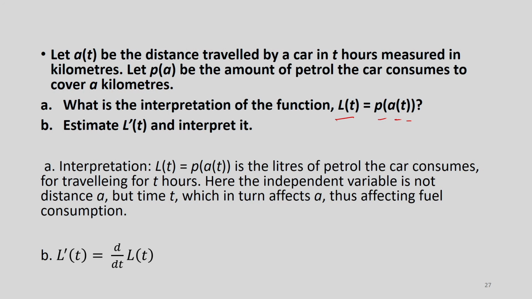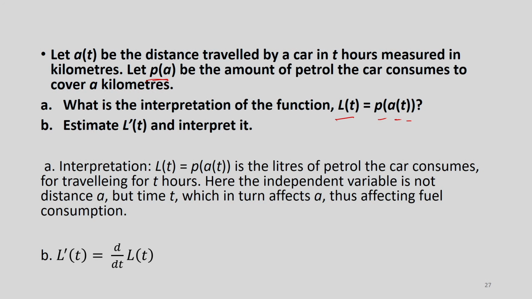The interpretation is the following: L of t, equal to P of A of t, is the liters of petrol the car consumes for traveling t hours. Here liters of petrol is a function of time. It is not like P of A, where liters of petrol was a function of distance; here the independent variable is time t, which in turn affects A, thus affecting fuel consumption.